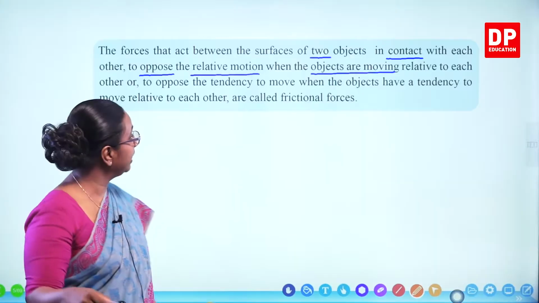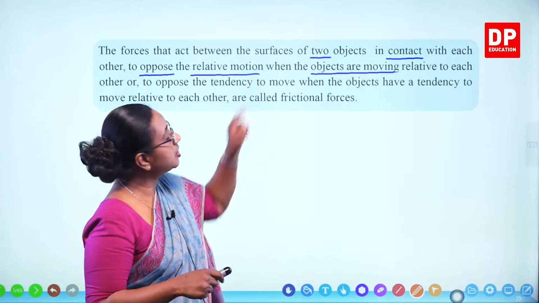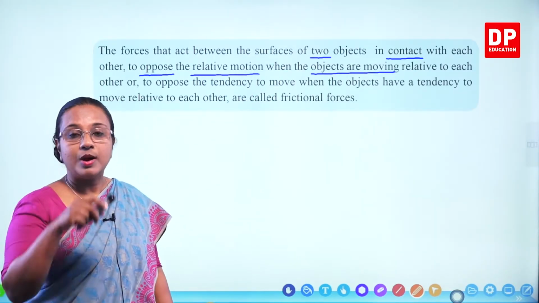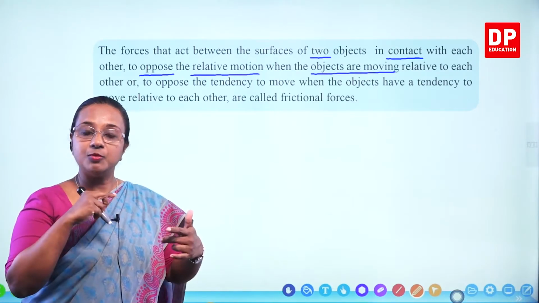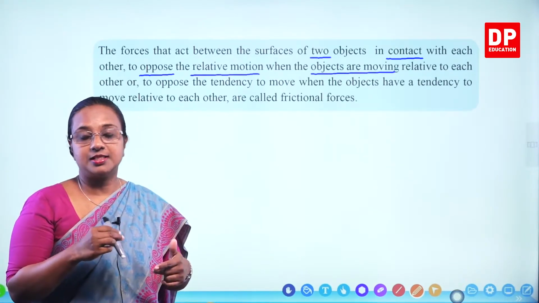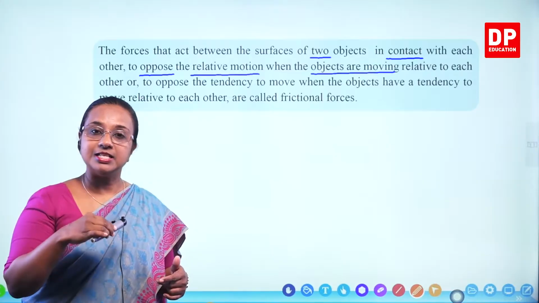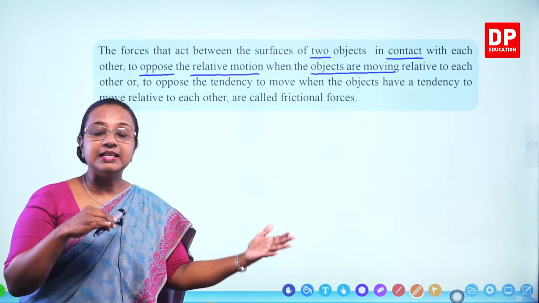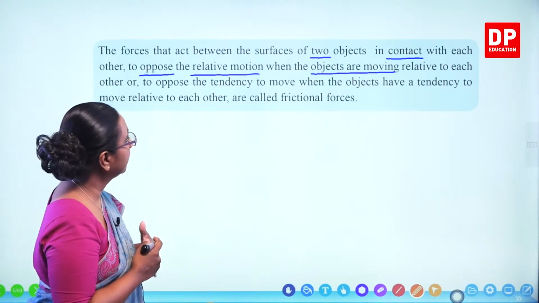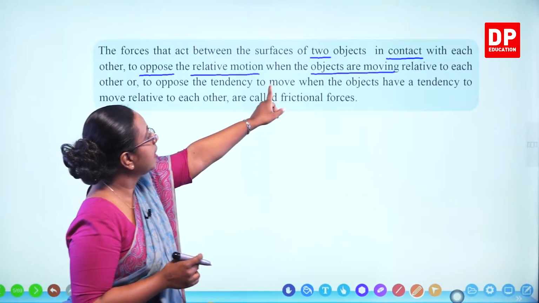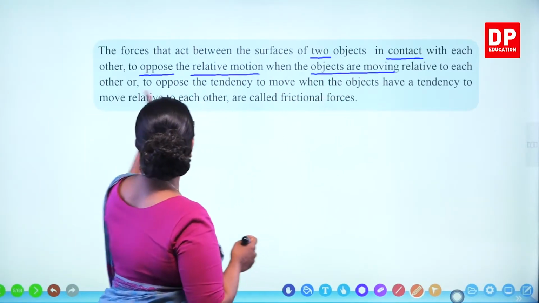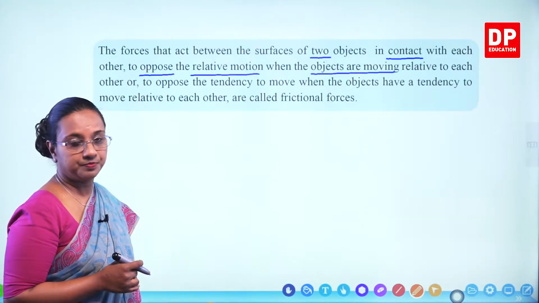So, it's a moving object. There are two surfaces. Both the surfaces are moving relative to each other. The pencil is moving relative to the table and the table is trying to stop it. That is what we mean by objects moving relative to each other.